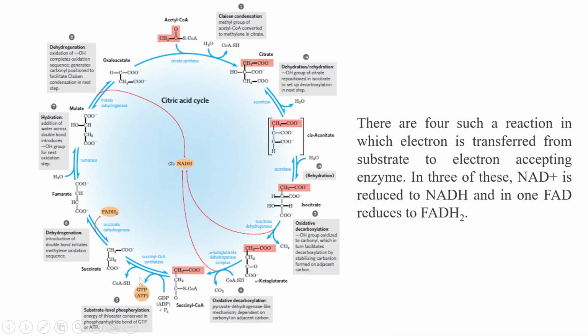If you see the complete oxidation reaction, glucose is C6H12O6, right? That means there are 6 carbon molecules. That 6 carbon molecule should now be converted into 6 carbon dioxide molecules, right?